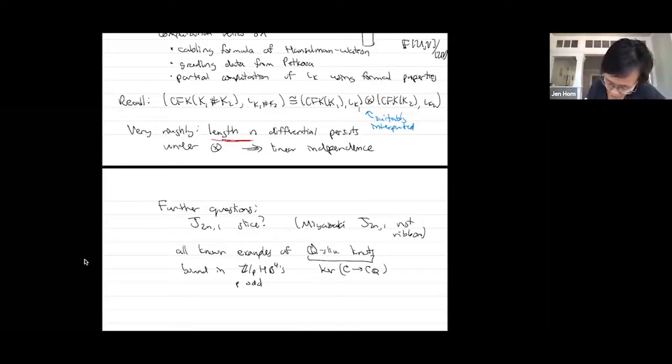That is, they bound in W with H_1 of W equal to Z mod p.